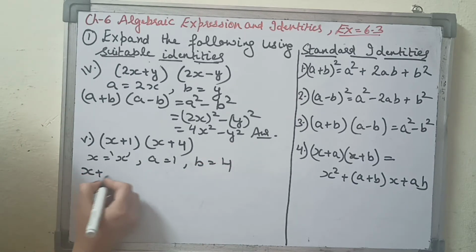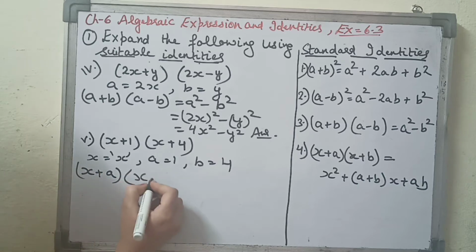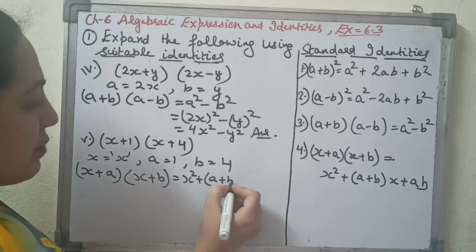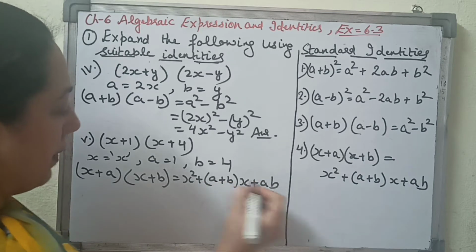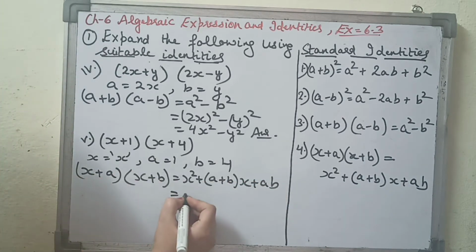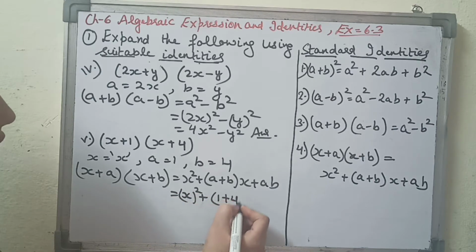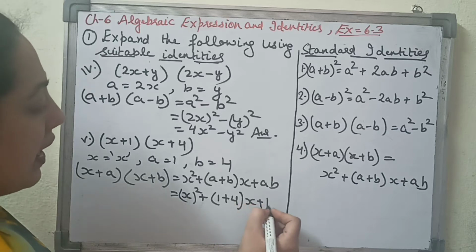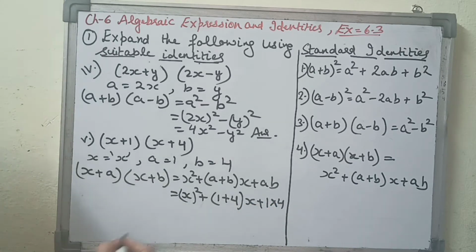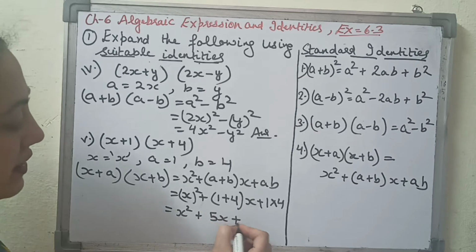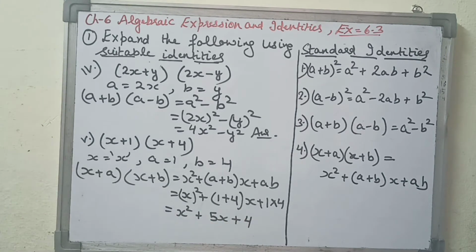Now write down the identity (x plus a)(x plus b), and it is x square plus (a plus b)x plus ab. Now again put the value. In case of x we write down x. Now a here is 1 and b it is 4. Now solving it, x square, 1 plus 4 it is 5x, plus 1 into 4 it is 4. So the answer is x square plus 5x plus 4.